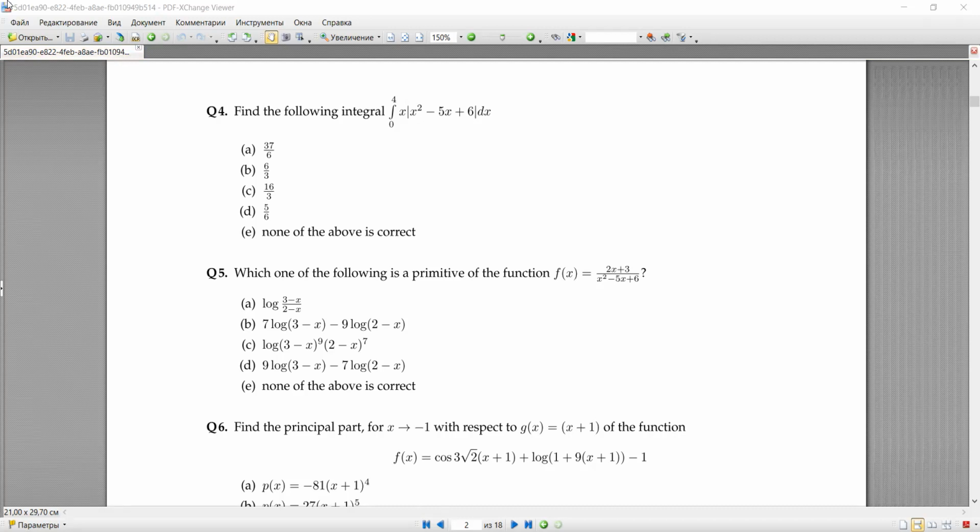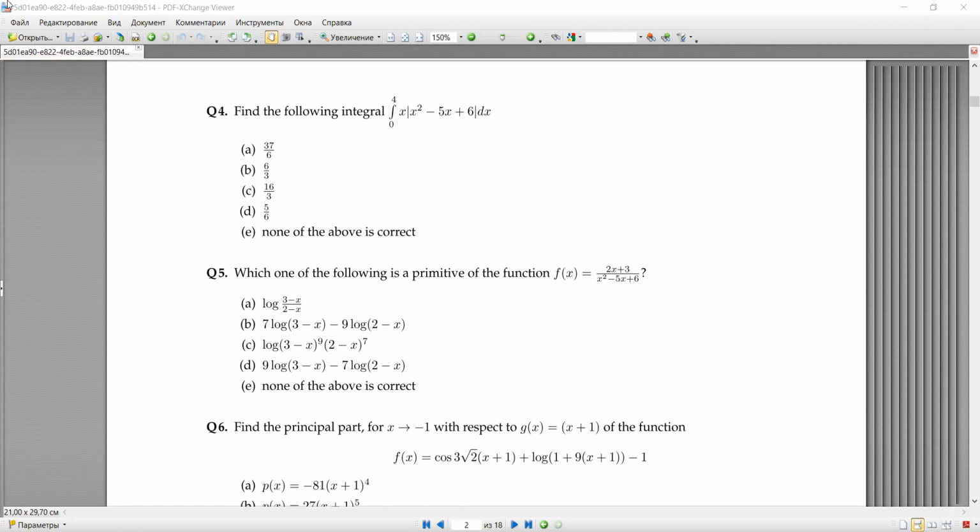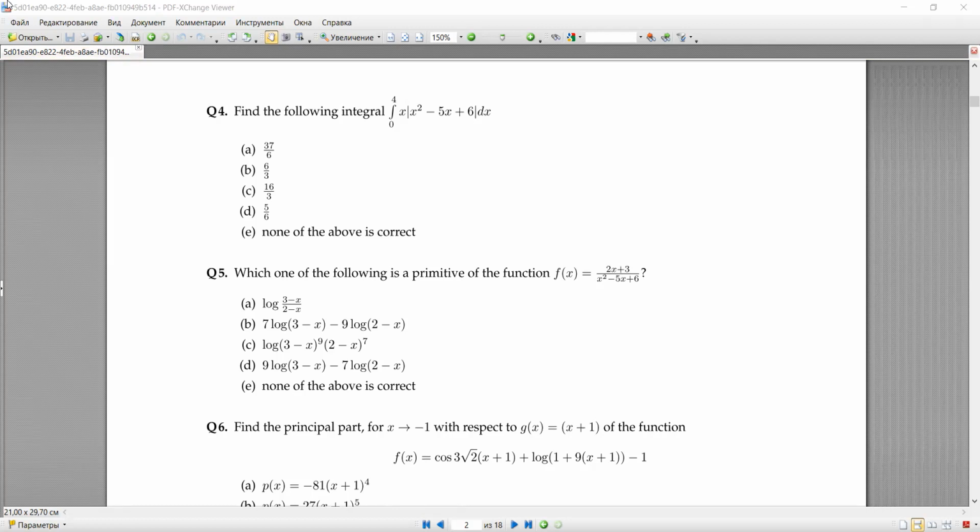Why by parts? I think we can do it without by parts because it's just multiplication of x and x. Any other idea? So can we here factor out quadratic form?